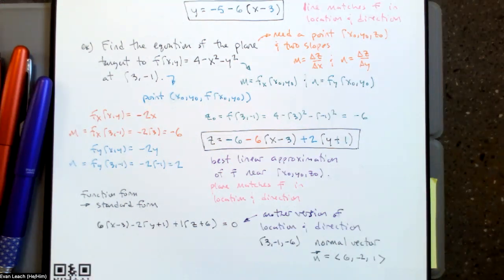So rather than describing with two directions, saying the rate of change with respect to x is -6, the rate of change with respect to y is +2, we're still using location and direction, but containing the point 3, -1, -6 with normal vector 6, -2, 1. Because in 3 dimensions, if I define one vector, that takes up one, it leaves two to be perpendicular to that line.